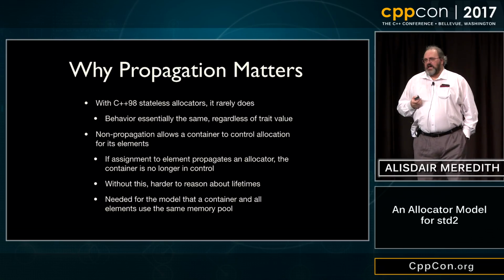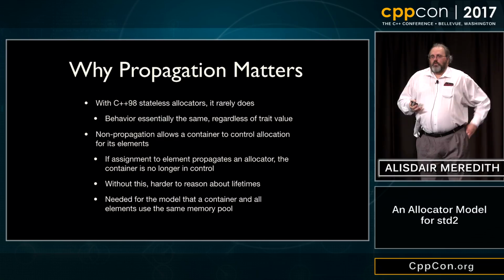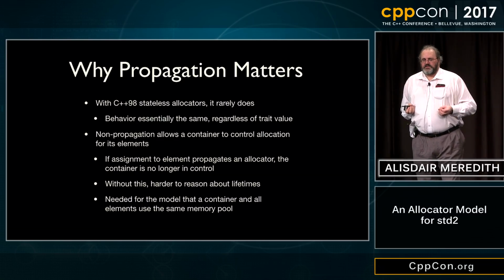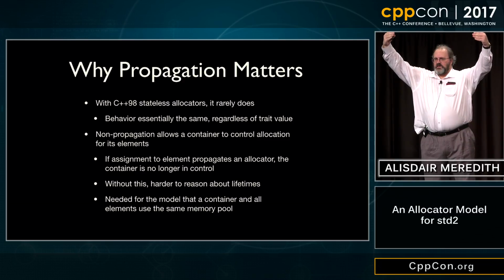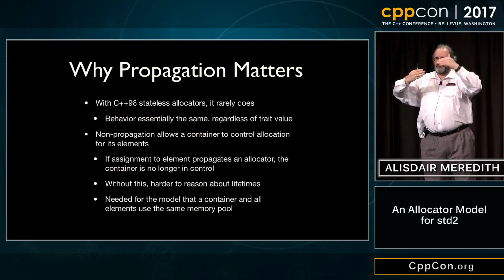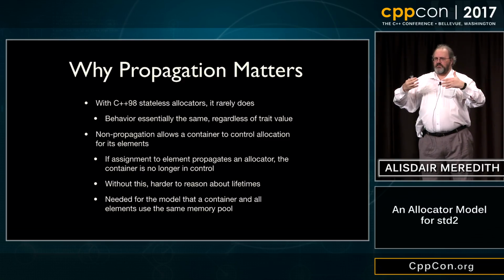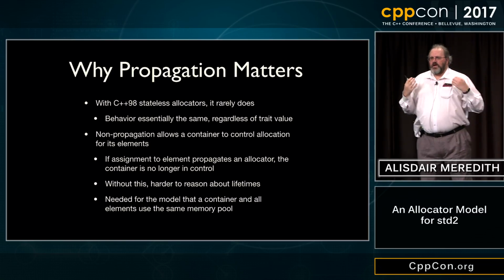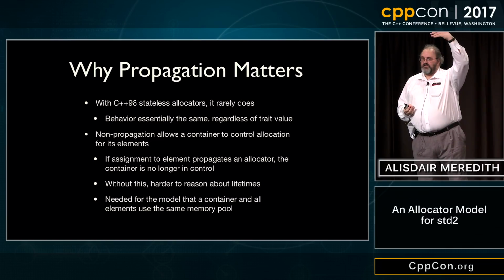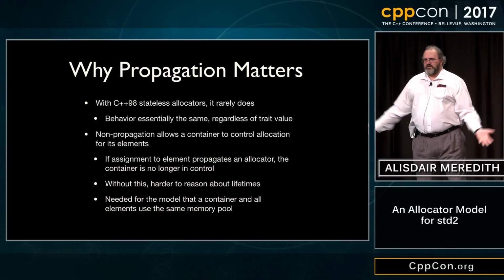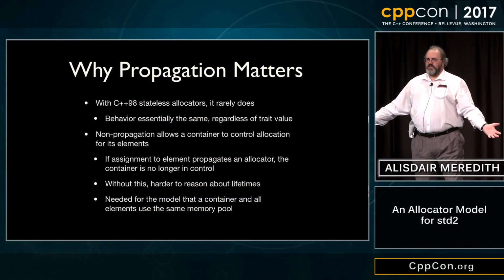The other reason that propagation matters is when I imbue my container with an allocator, remember the model I gave you at the start, I'm going to have a memory resource, and then I'm going to have a container using that resource, and the elements of that container use that resource. The reason I know that I'm not going to have to worry about memory being used outside the lifetime of that resource is we've got the guarantee that that whole data structure lives in that resource.